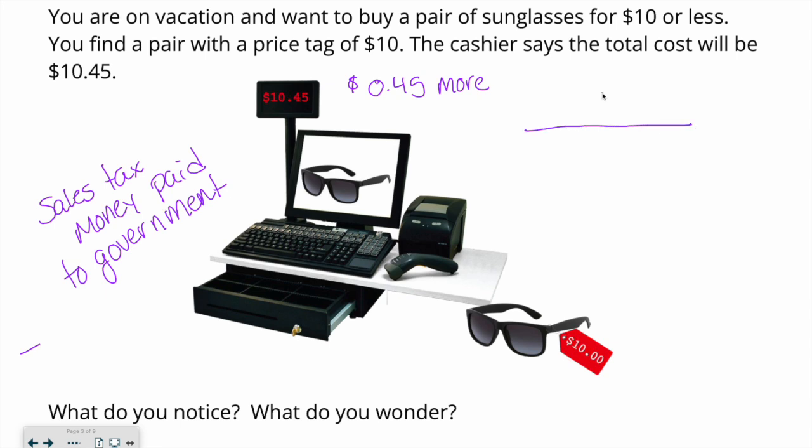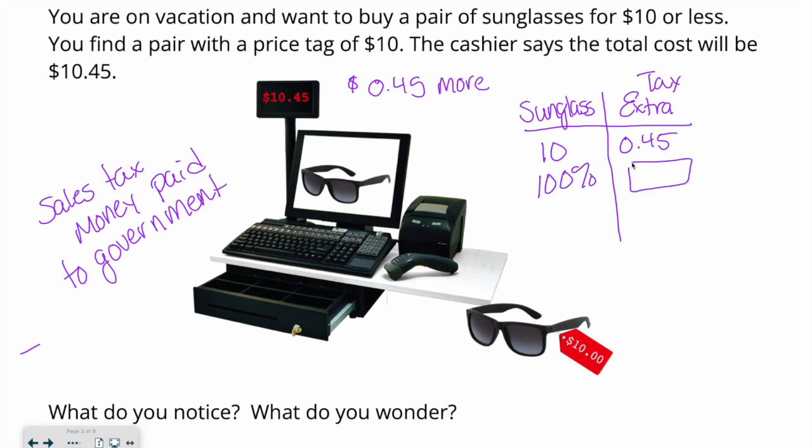And if we look at the sunglasses versus the extra amount, or the tax amount, the sunglasses were $10 and the tax was 45 cents. The sunglasses, that's our original 100%. So we can figure out what the tax rate is by finding the percent.